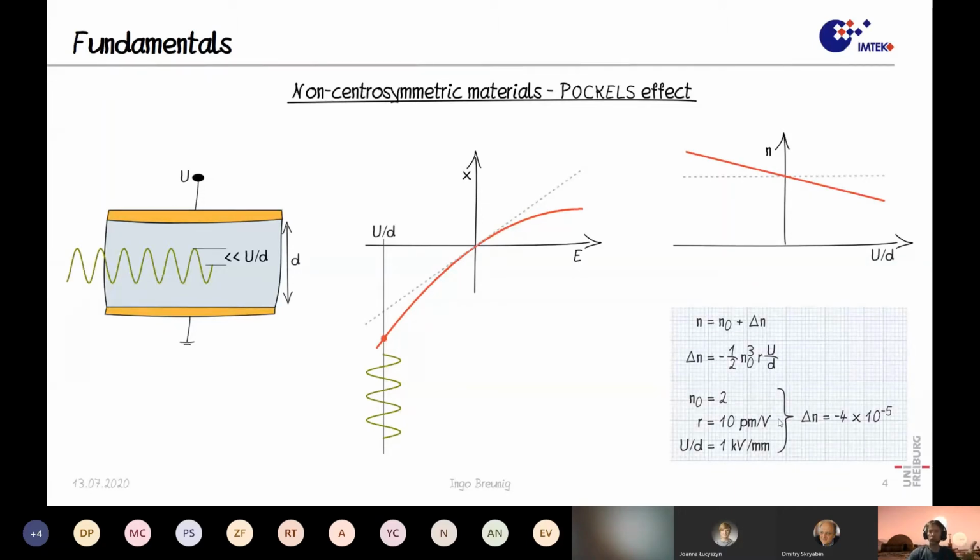Just to give you an idea of orders of magnitude: if you have a refractive index of 2, assume a Pockels coefficient r of 10 picometers per volt and a static electric field of 1 kilovolt per millimeter, you get refractive index changes of the order of 10 to the power of -5 to 10 to the power of -4. This is typical, and we will use this effect later. We will need it for this adiabatic tuning, so please keep this in mind.